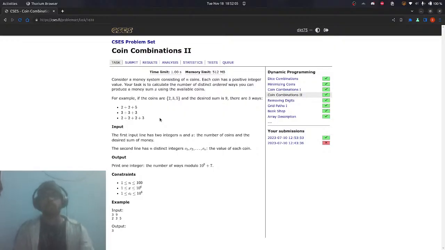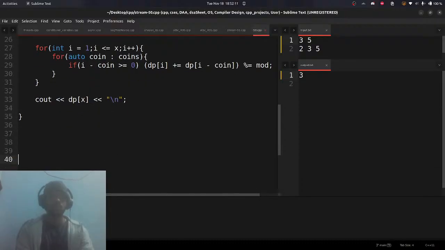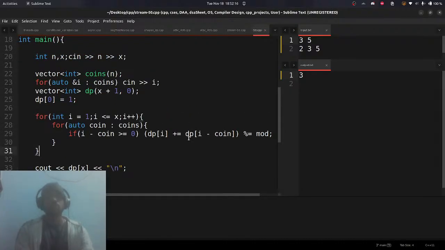So the solution is similar to this, but instead of adding here, I think we should divide this thing by 2.